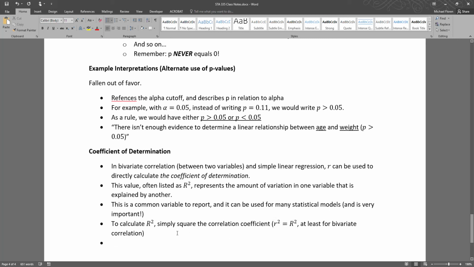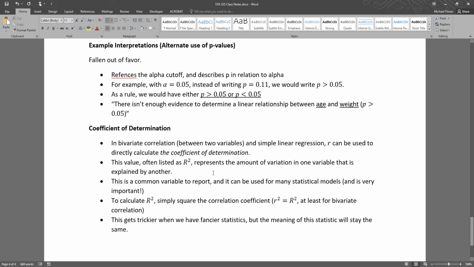So this gets a little trickier when we have fancier statistics, that is, when we have more than just two variables that we have in bivariate correlation. But the meaning of this statistic will stay the same. That is, this statistic will still represent the amount of variation in the outcome represented by either another variable or another group of variables.